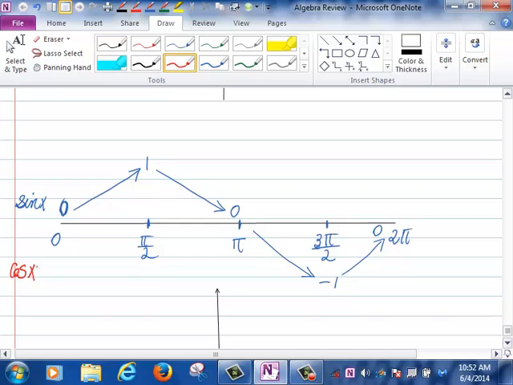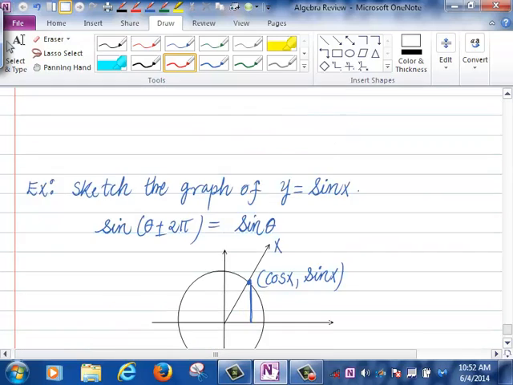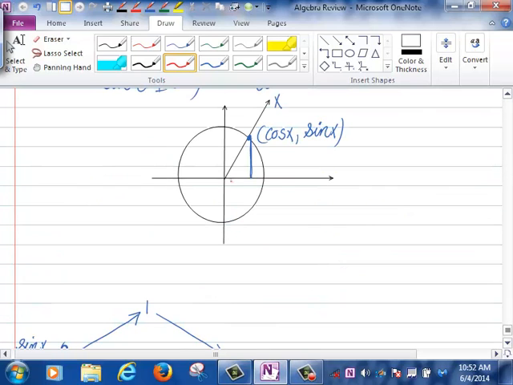So what is cosine of 0? Cosine of 0 is 1. And then on the circle, cosine 0 represents which length? Cosine 0 represents this length here, right?